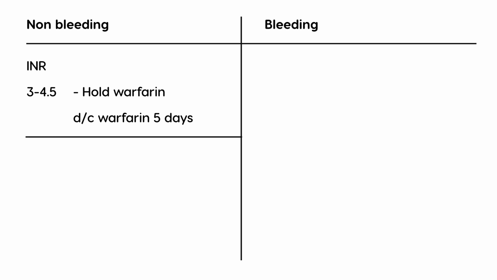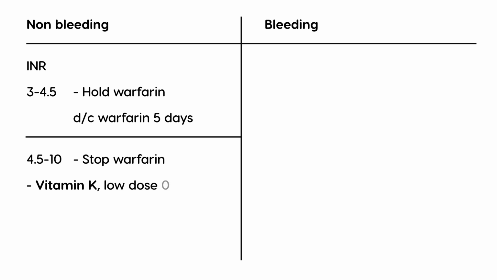Second scenario is, again, a non-bleeding patient, but their INR is between 4.5 and 10. Again, stop the warfarin, but in addition to stopping the warfarin, you also give something to reverse the warfarin known as vitamin K. The vitamin K that's given is a low dose, usually 0.5 milligrams to 1 milligram, and given orally, PO. The final scenario is when the INR is greater than 10.